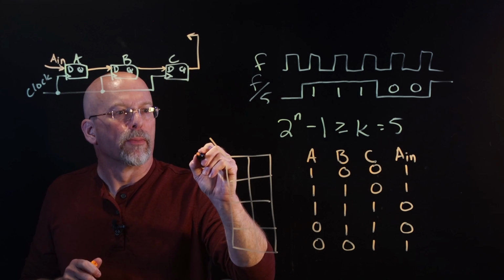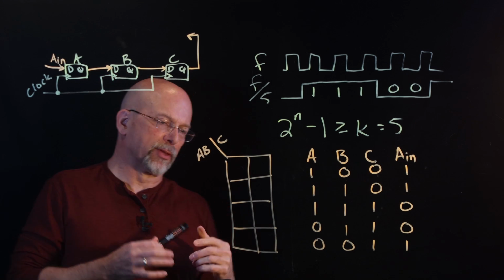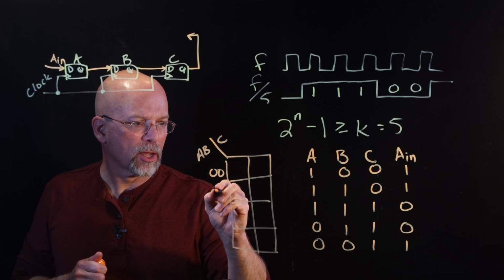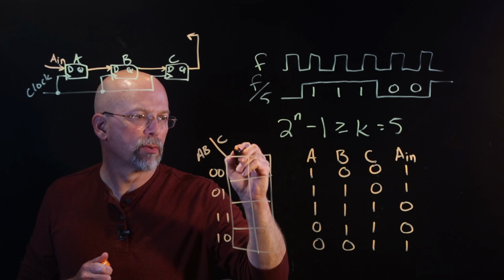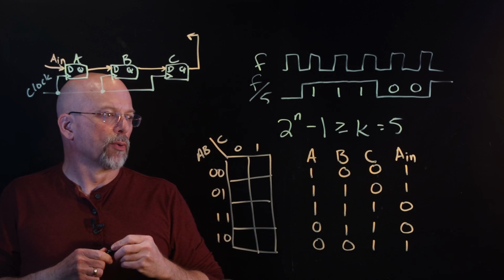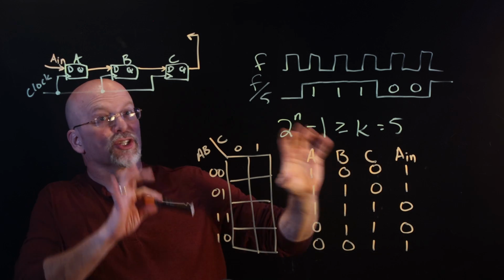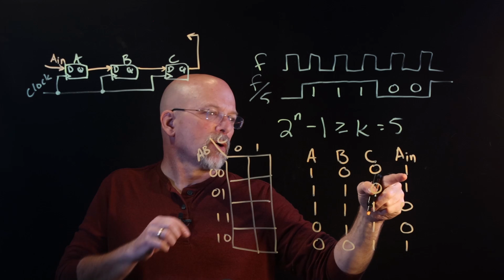Remember our Karnaugh map discussion earlier in our computer organization theory. We numbered the rows using Gray code 0, 0, 0, 1, 1, 1, 1, 0, and then the columns were 0 and 1. Now one row at a time, I'm going to transfer this truth table over into this Karnaugh map.